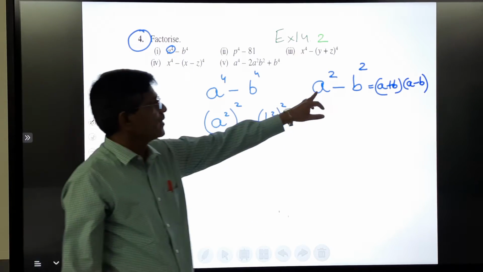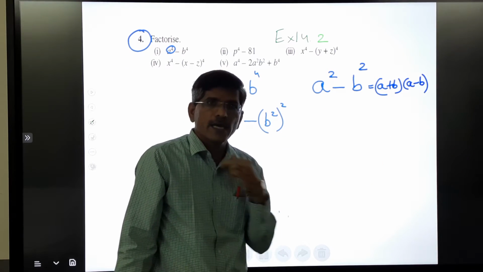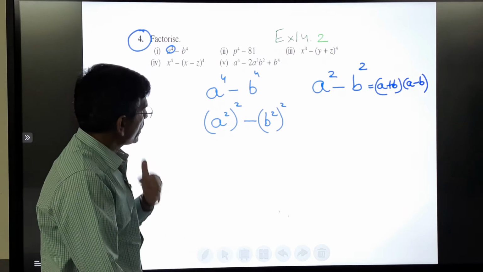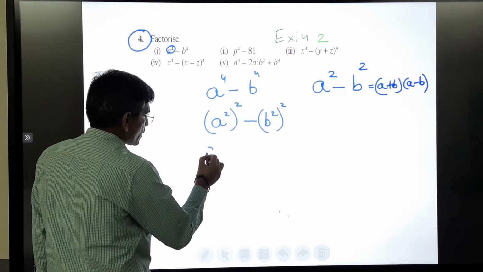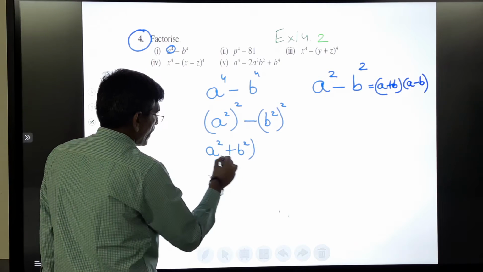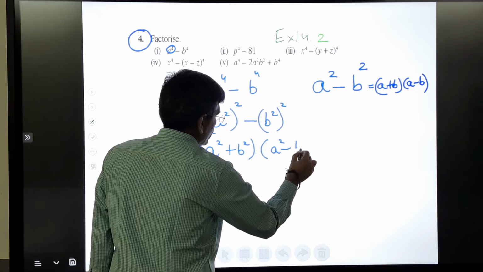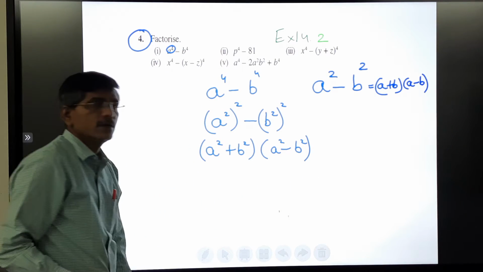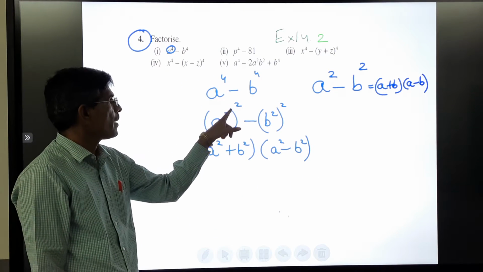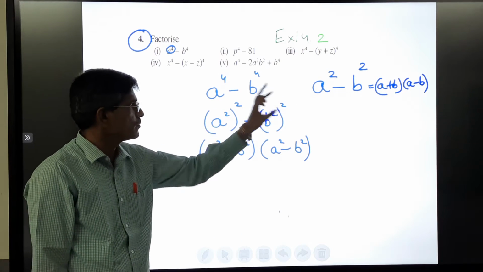Now again we have to apply this rule, a square minus b square is equal to a plus b, a minus b. So if I apply it here, then I have to write a square plus b square and a square minus b square. Power of power, 2 times 2, that is 4.